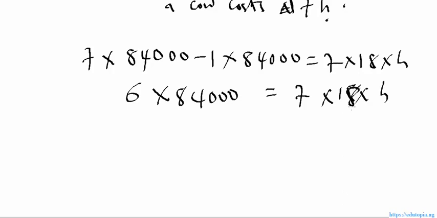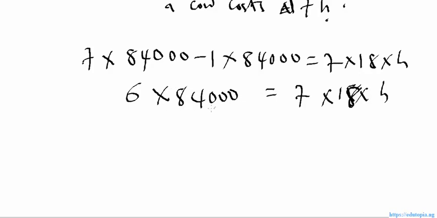I hope you're not confused. I said 7 times 84,000 means 84,000 is in 7 places, and this one is in one place. To shorten it, like standard form, you say 7 minus 1 will give you 6, and then you bring this 84,000.